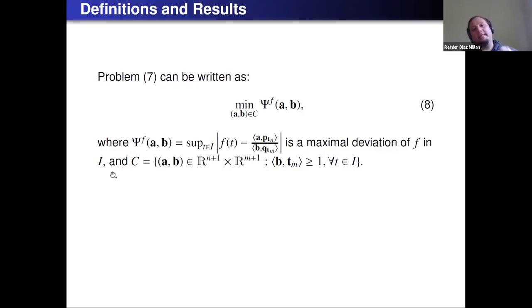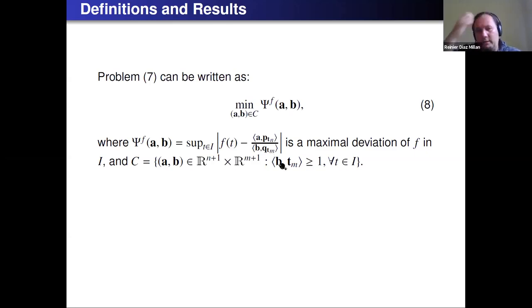And as the set C, in our case, we will require that the function in the bottom be greater than or equal to 1. Why? Because we need to avoid that this be 0, because then it will not approximate. And in terms of projection algorithms, we will need this convex set. Also, when you multiply A and B by the same real number, you get the same solution.